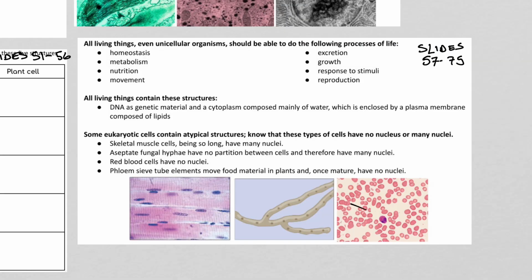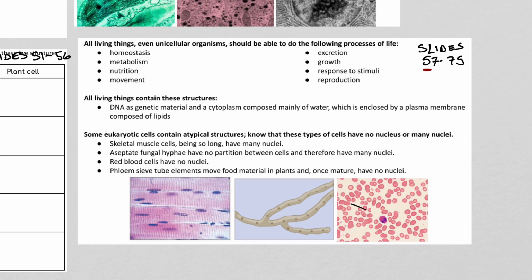Okay, now I want to skip ahead a little bit and talk about something that is common to all life. We're just going to focus on prokaryotes in this particular video, but there are things that are common to all life, including prokaryotes, so we'll address that in this as well. We're going to start with slide 57 here.